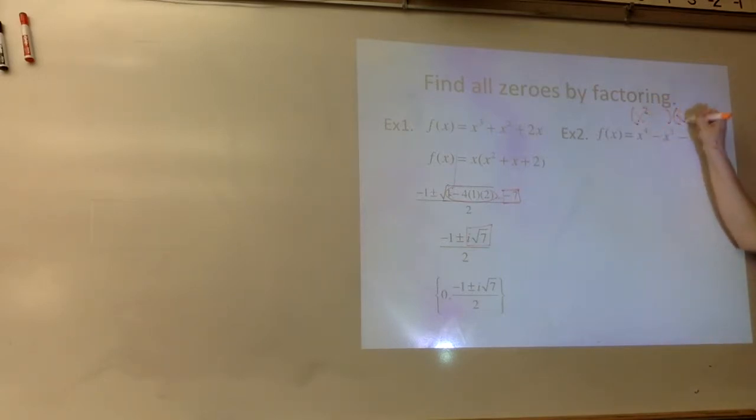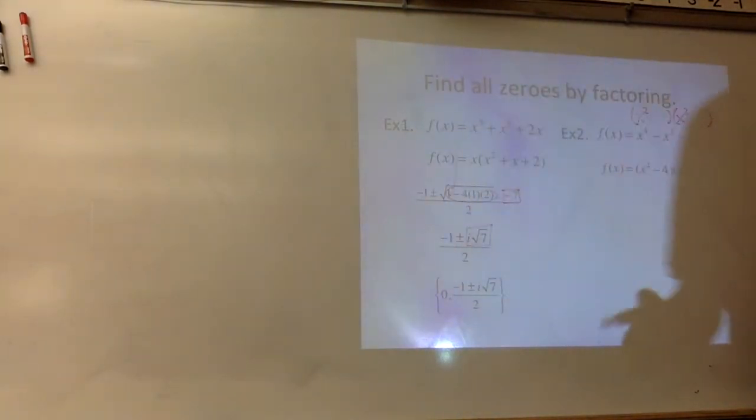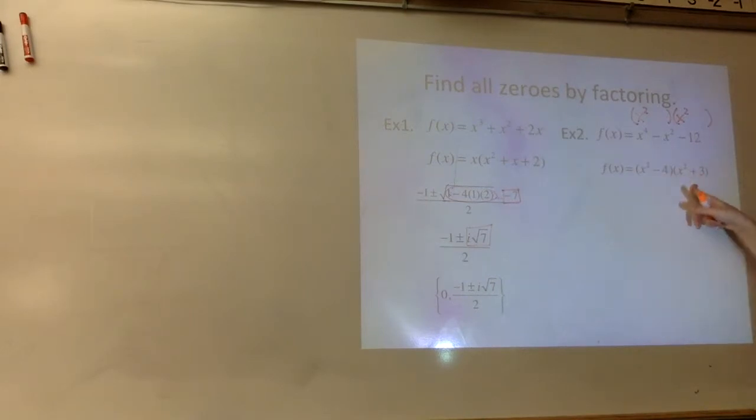Now, as soon as you start to write this, you need to have a little bit of forward thought and say, all right, I'm factoring now, but I may need to factor again because I could come up with a difference of squares, like an x squared minus 9. So keep that on the back burner as we start to do this. What two numbers multiply to give me negative 12, but add or subtract to give me negative 1? Negative 4, and a plus 3.